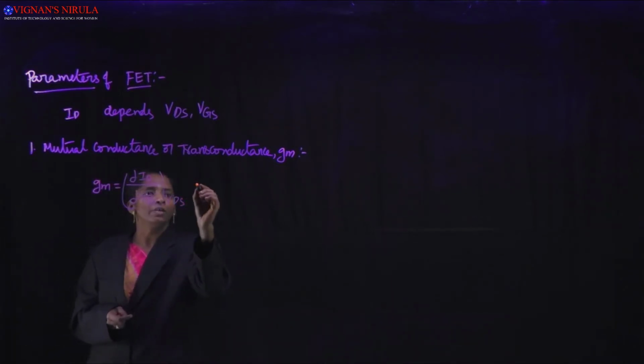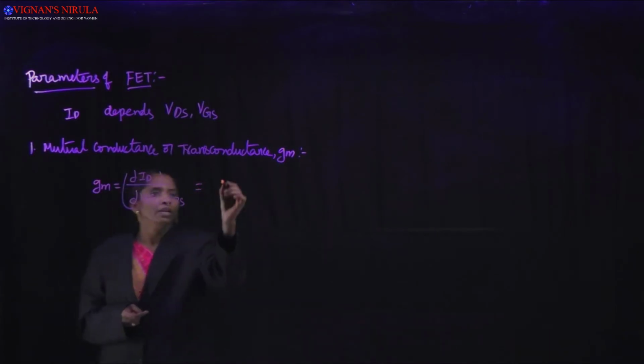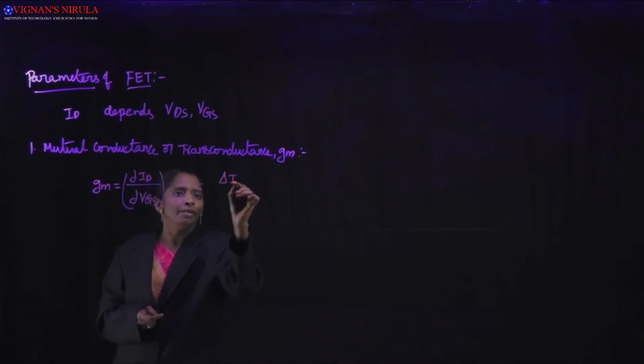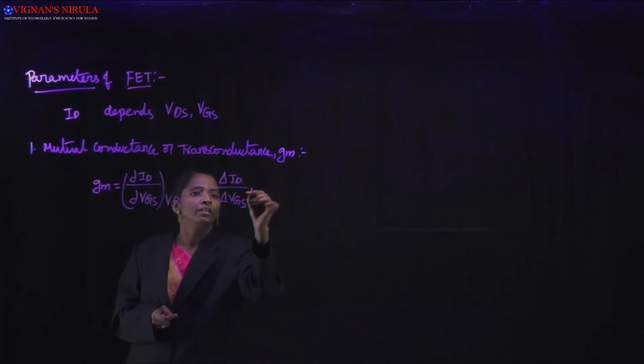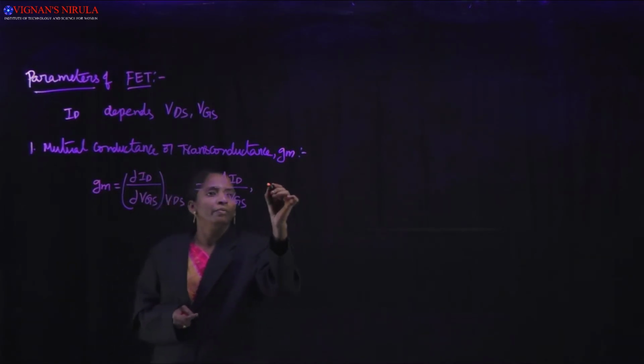It is also equal to delta ID divided by delta VGS, with VDS held constant.